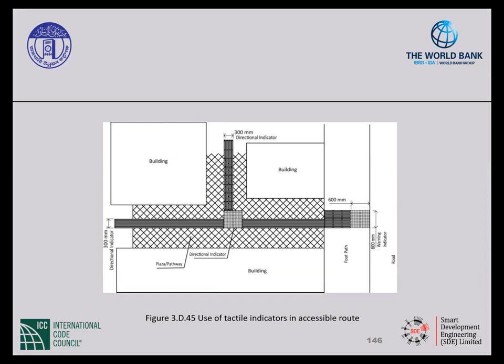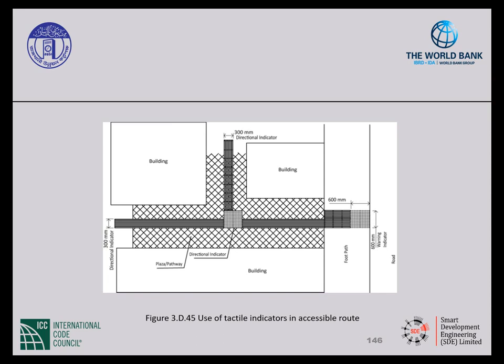So now let's put these all together. Here we see an accessible route that's located between 3 buildings, and there is a change in direction. At the end of the accessible route, you cross a footpath and then go into the roadway. So along the pathway that runs from the left to the right, there is a directional indicator that is 300 millimeters wide.